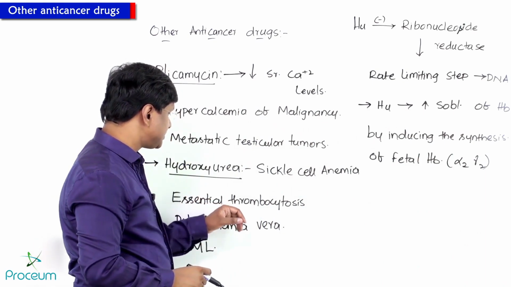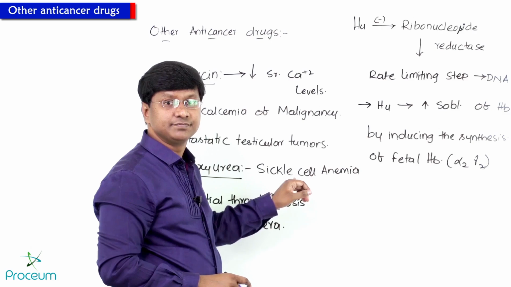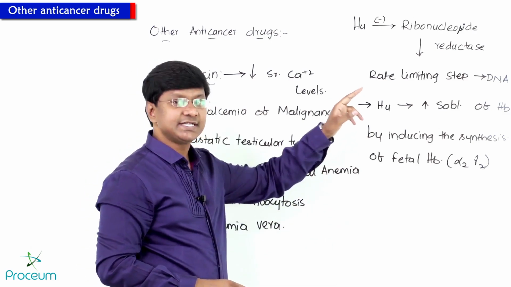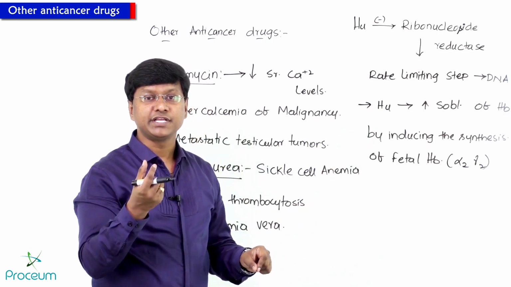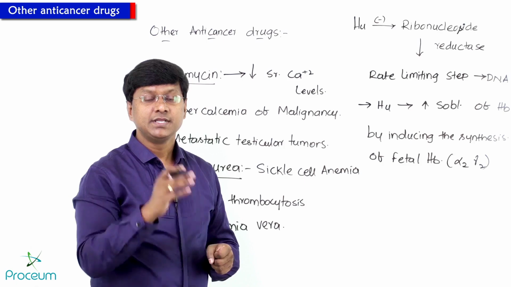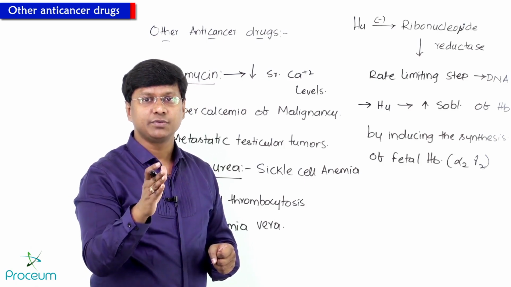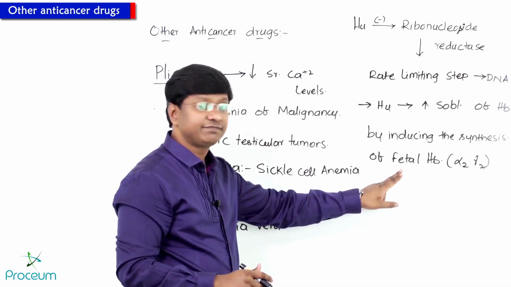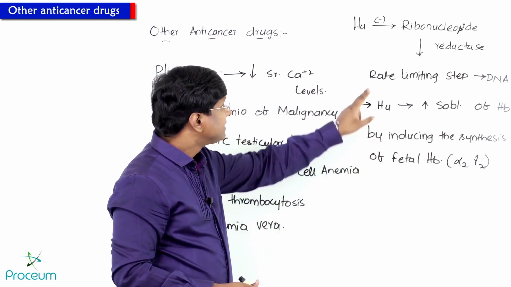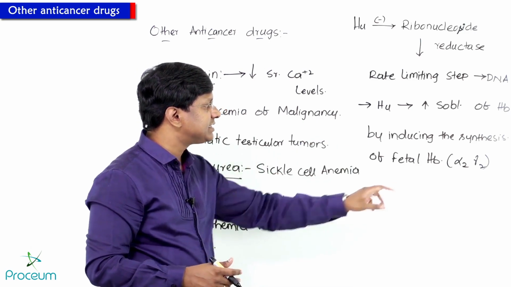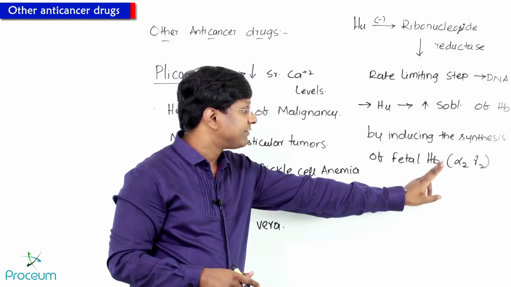Whereas in the normal adult hemoglobin, we have alpha 2 beta 2 chains. In sickle cell anemia, the mutation is within the beta globin chain, at the 6th position. This beta globin chain is replaced by the gamma chain in fetal hemoglobin. So hydroxyurea will increase the solubility of the hemoglobin by inducing the synthesis of fetal hemoglobin.